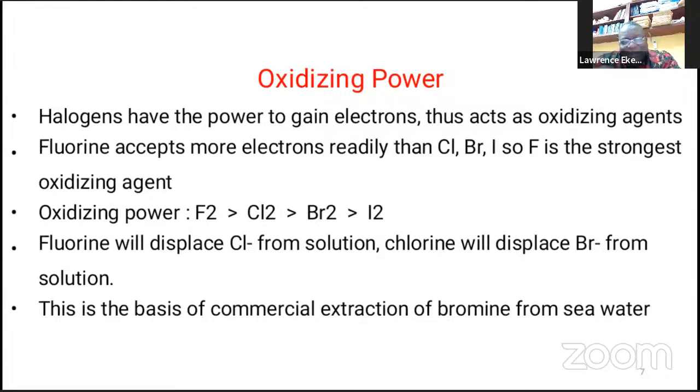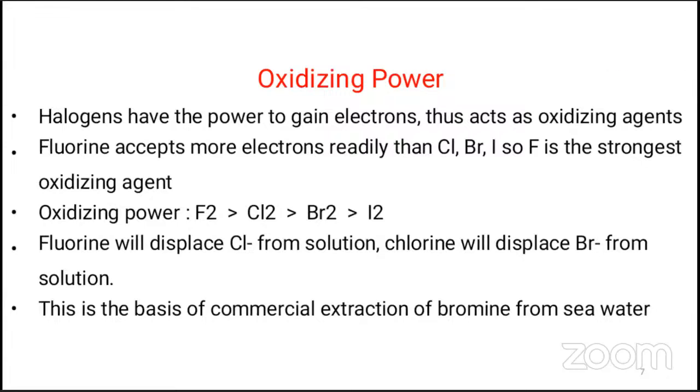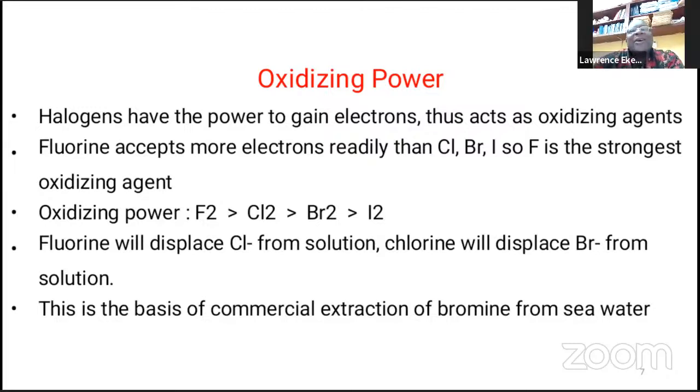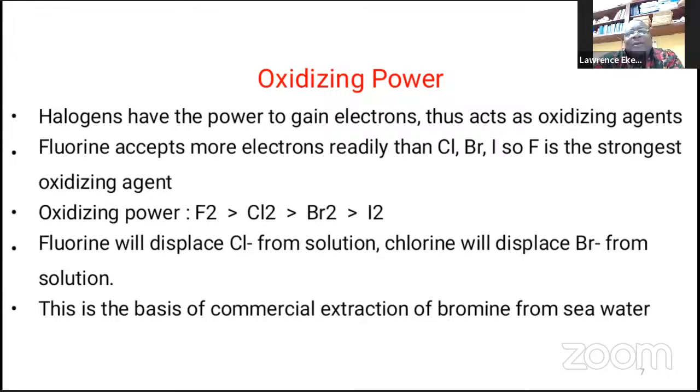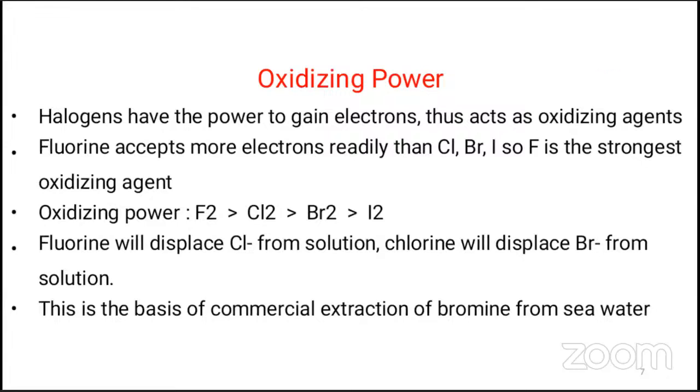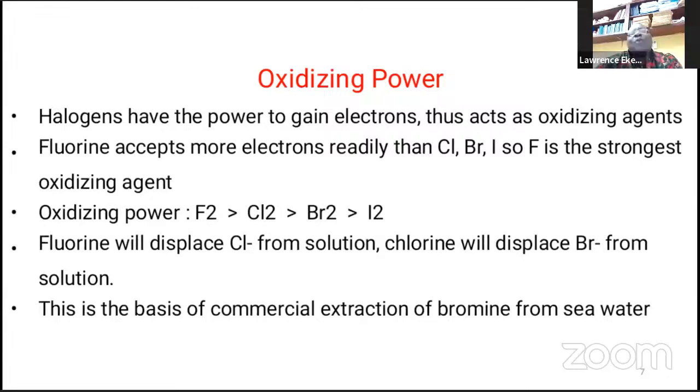So most reactions involving the halogens are redox reactions in aqueous solution. Like I explained before, fluorine, because of its small size, has the ability to accept electrons more easily compared to chlorine, bromine, and iodine.